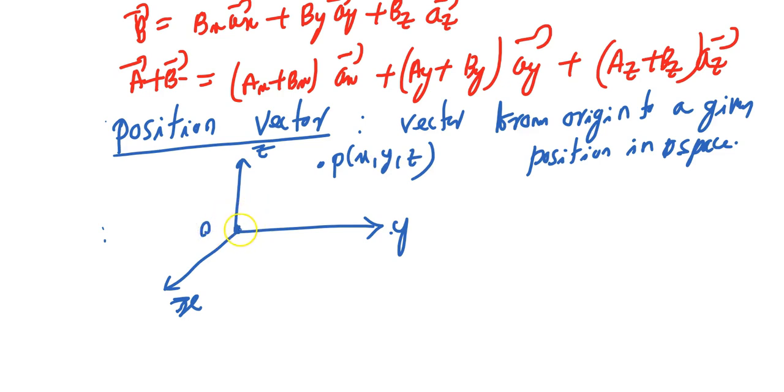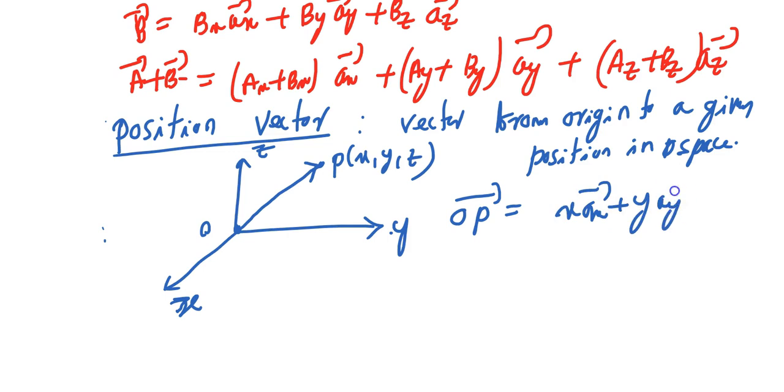So the position vector is the vector from the origin to the point or position. So this is the position vector OP. I'll write the position vector OP in the Cartesian coordinate system as x a_x plus y a_y plus z a_z.